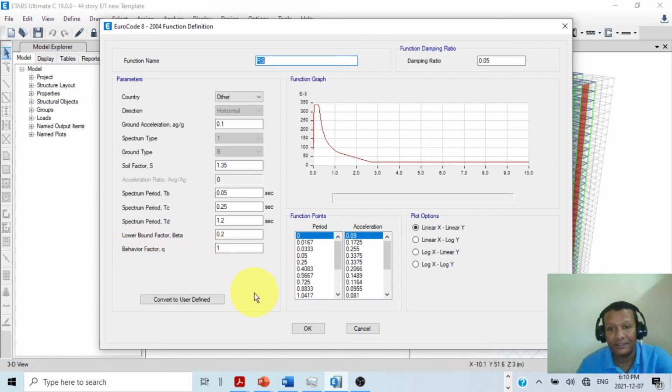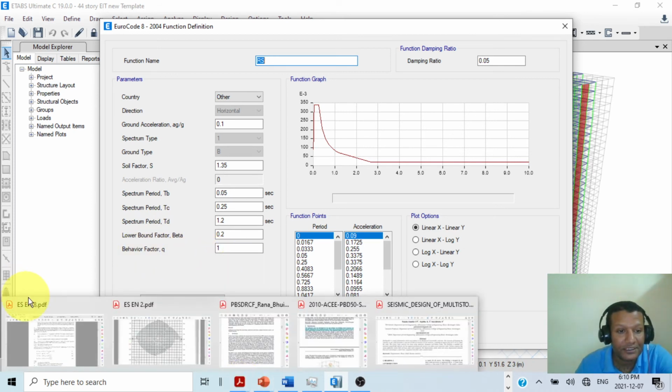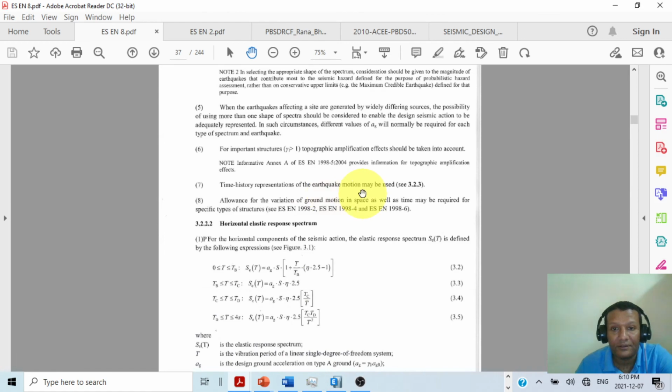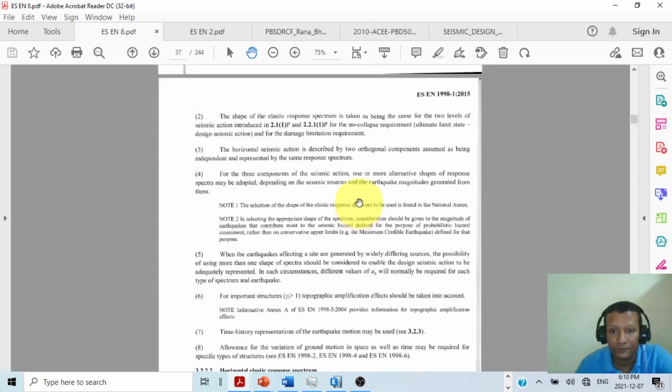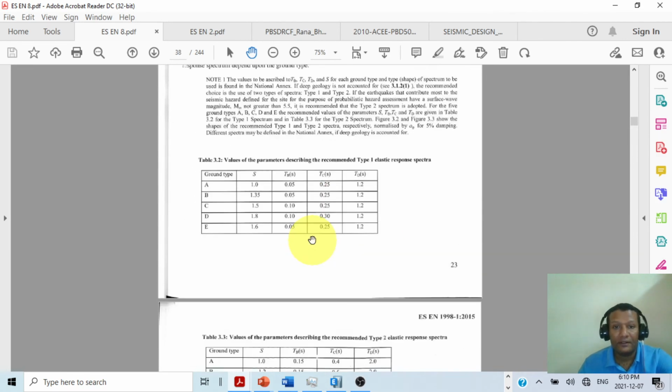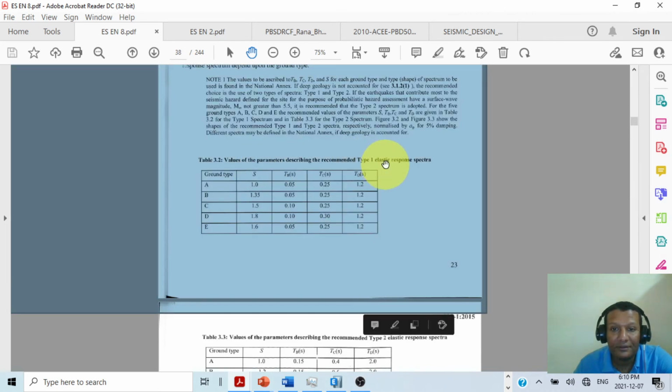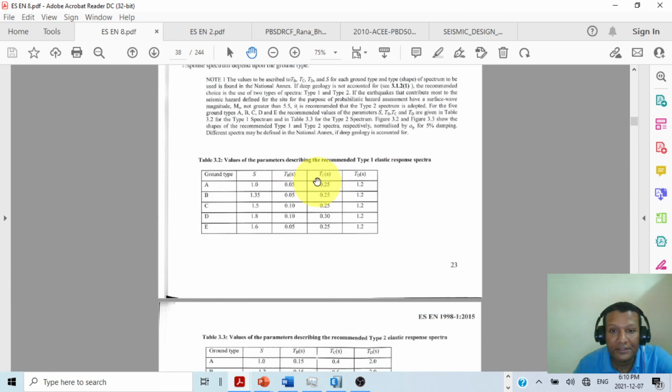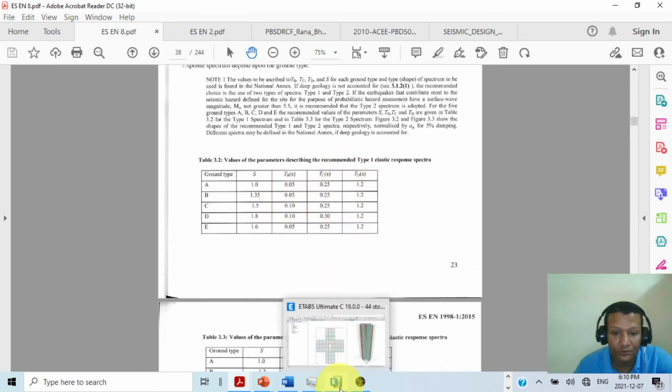lower bound and behavior factors are directly picked from this table. As you can see here, type 1. We choose type 1. So for ground type B, S is 1.35, TB 0.05, TC 0.25, and TD 1.2.